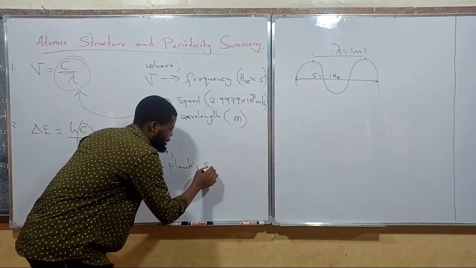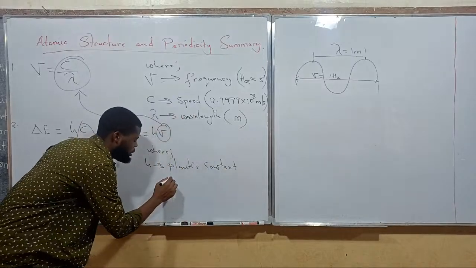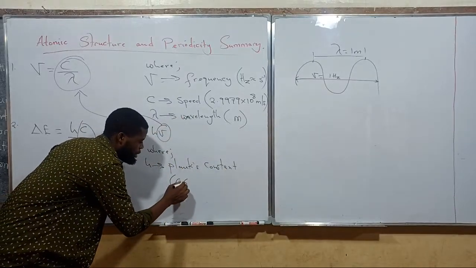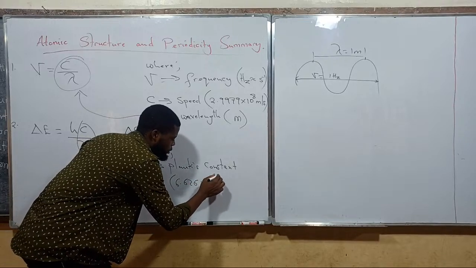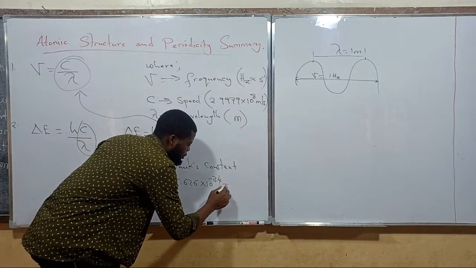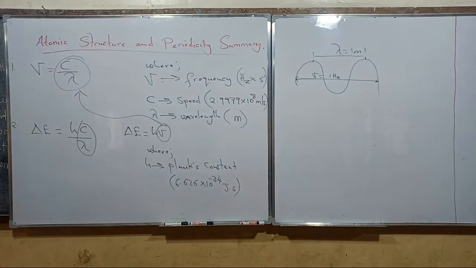Planck's constant is a value equivalent to 6.626 times 10 to the power negative 34. The units are joule seconds. So that's the value for Planck's constant.